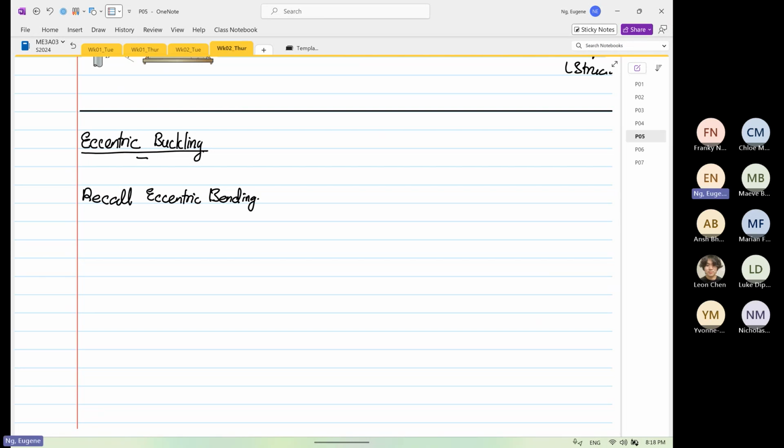Okay. So if we have eccentric bending, our structure will usually look like this. So this is point A, and over here, this is point C, and point C is the point of interest.